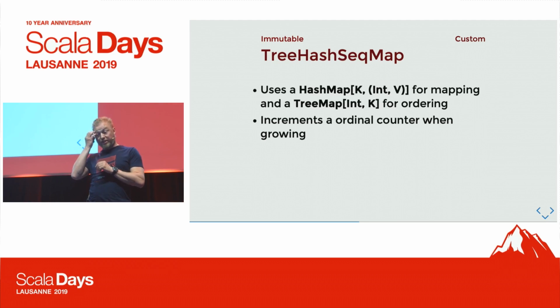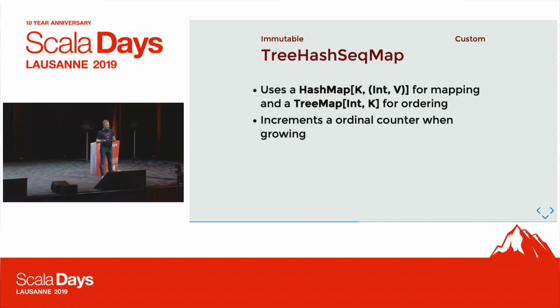So why not store the keys in a tree map? That's going to be sorted, and you use an ordinal that you increase on each insert. Then you have one ordering from the ordinals to the keys, and you have the hash map as usual. So I implemented that and thought about having it as a reference point for benchmarking and so on.